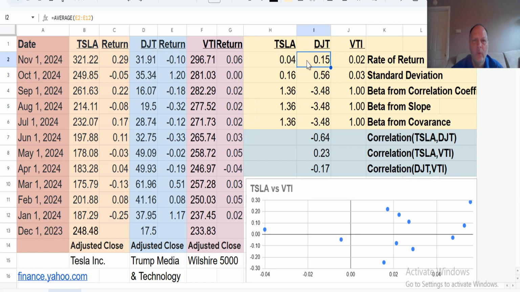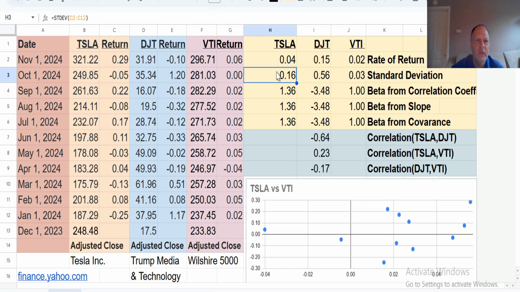We do the same thing for Donald J. Trump, just replacing our C's with an E, and the same thing for VTI, now with a G. And we have the rate of return of these companies, the most diverse investment, VTI, with the lowest rate of return, 0.02, Donald J. Trump with the highest rate of return of 15%, and Tesla in between at 4%.